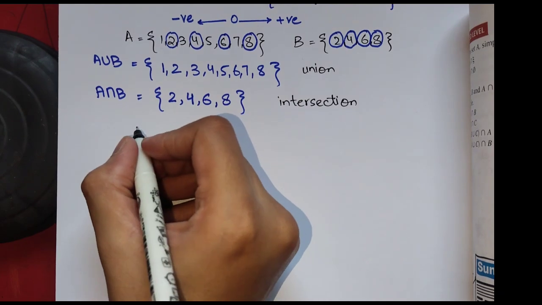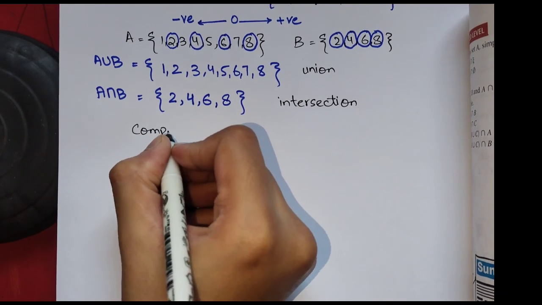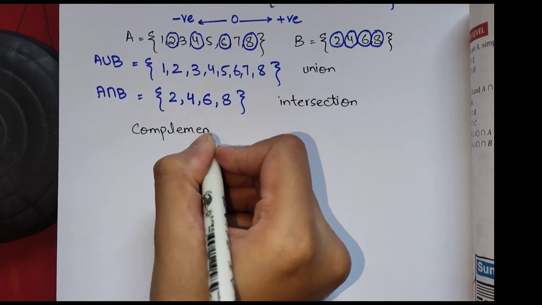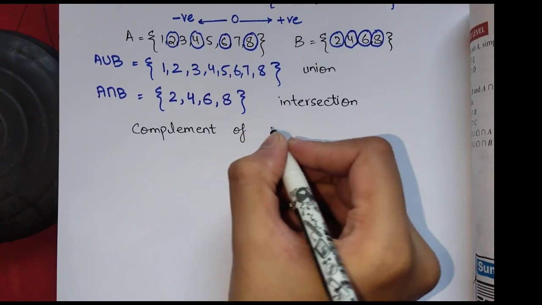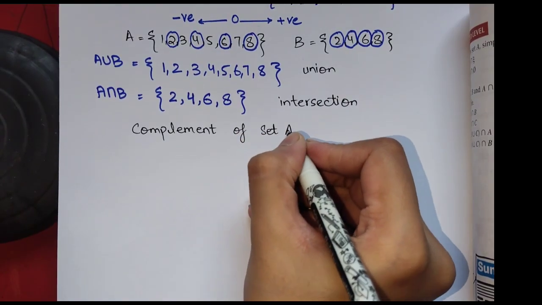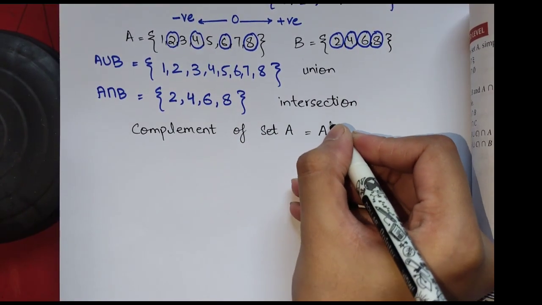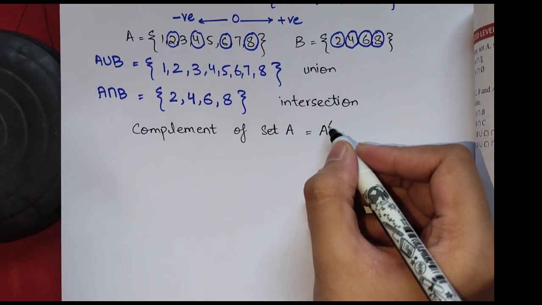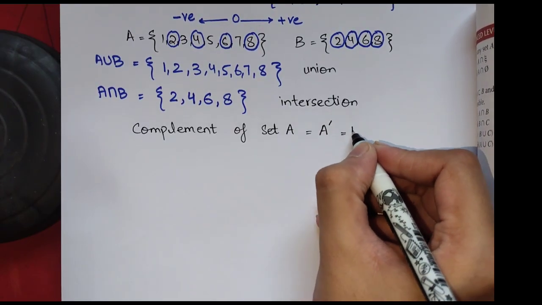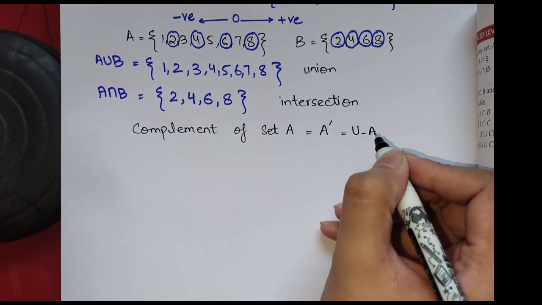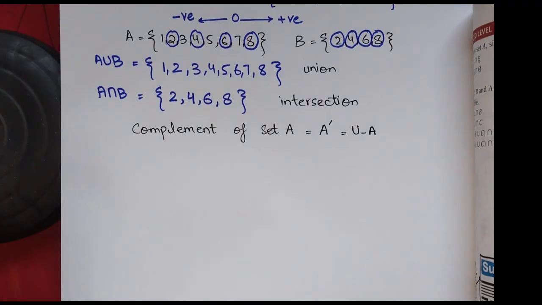The next thing we are going to do is the complement of a set. The complement of set A is represented by A bar, or A dash, which is equal to U minus A, which means you have to subtract the set A from the universal set.